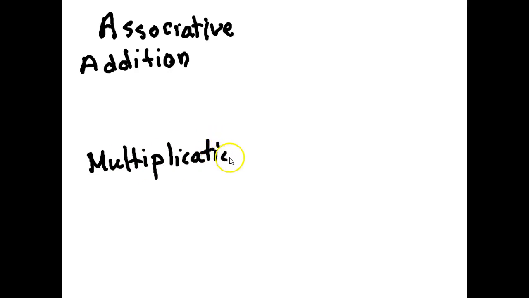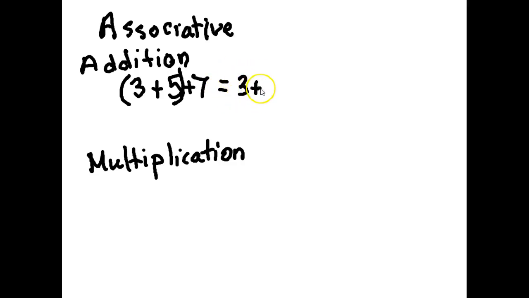Let's have 3 plus 5 plus 7. I'm going to add the 3 plus 5 first. And in this case, I'm going to have 3 plus 5 plus 7.